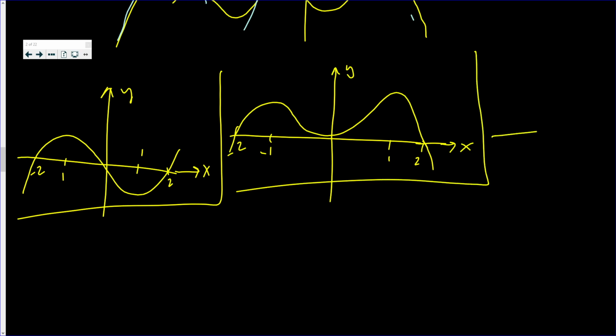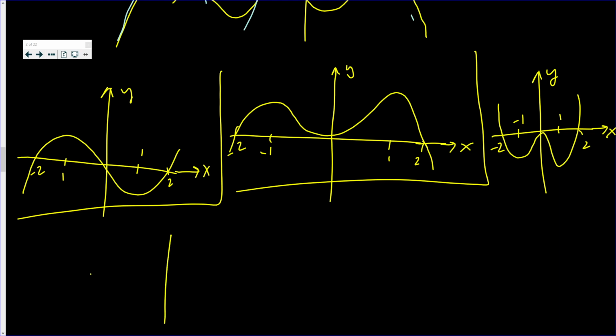The third graph goes like that. -2, -1, 1, and 2. And the last graph goes like that, and it crosses the origin.